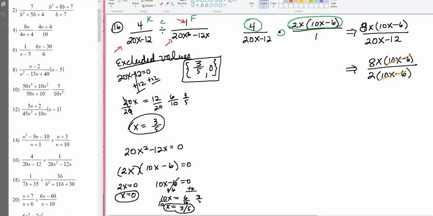So we have 8x over 2x, and the 8 divided by the 2 is 4. Whew. This is the answer. So these are the excluded values, and this is the simplified form of the answer.